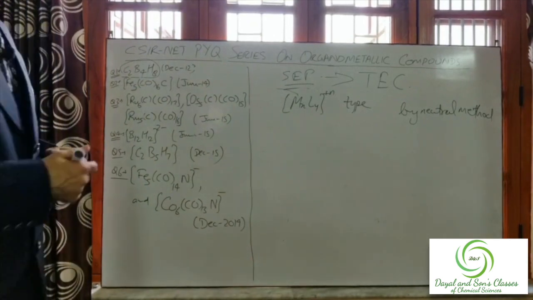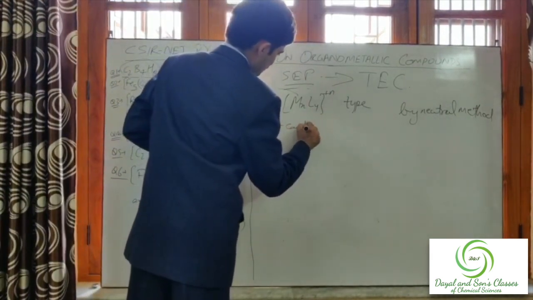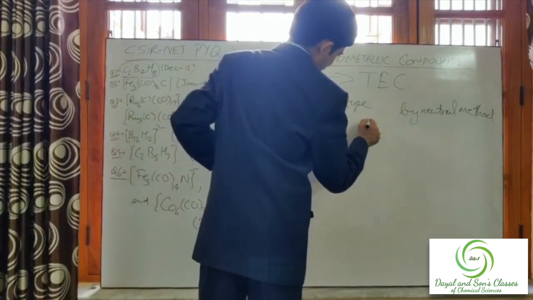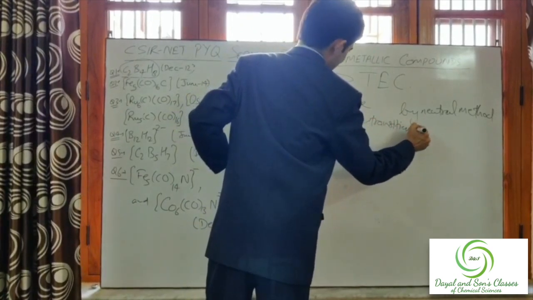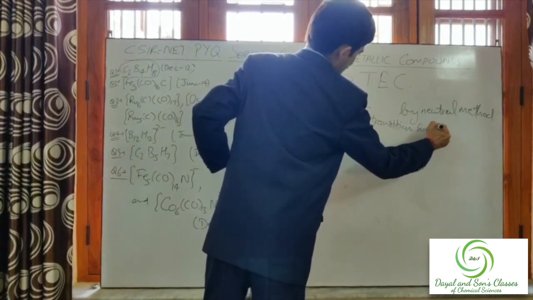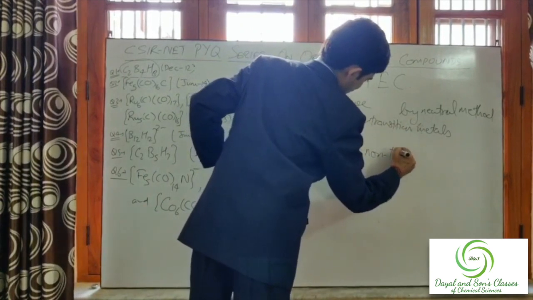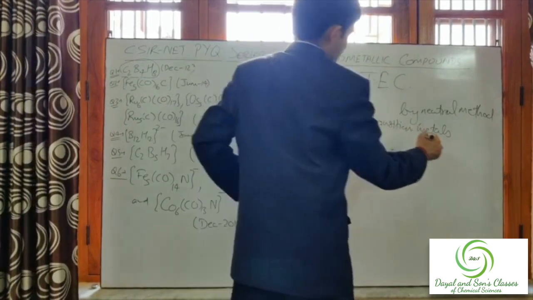Now here M can be a metal, usually a transition metal, or a non-transition element.